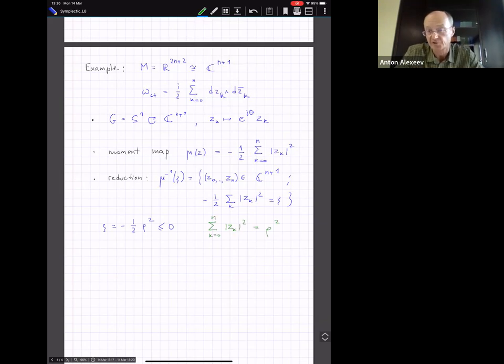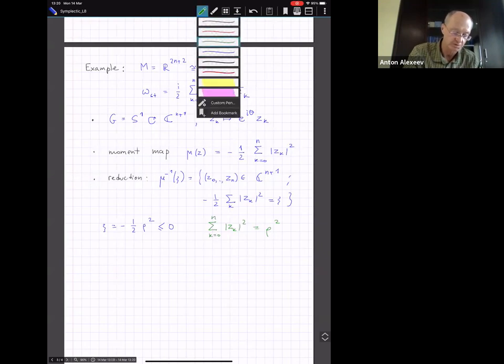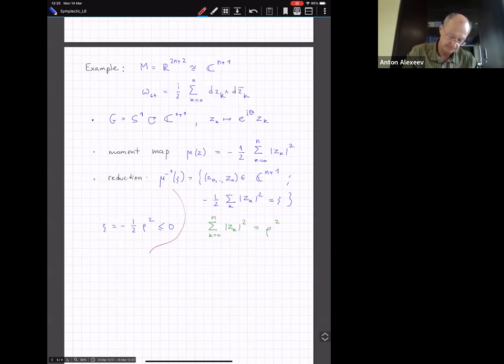So actually the level set now has a clear meaning. It's a sphere of radius rho. So the level set is a sphere of dimension 2n plus 1 and of radius rho. So we know how it looks.